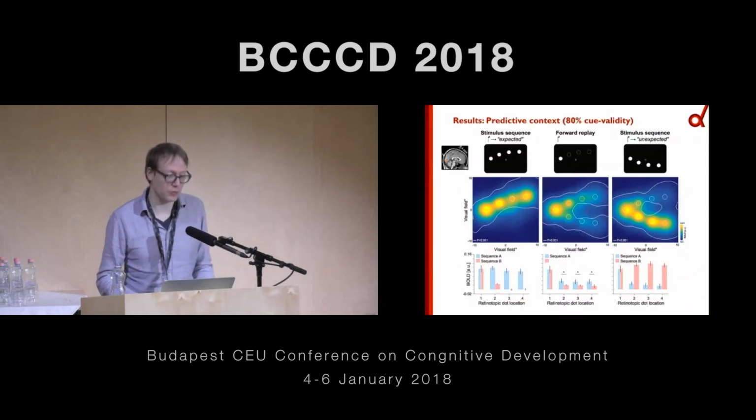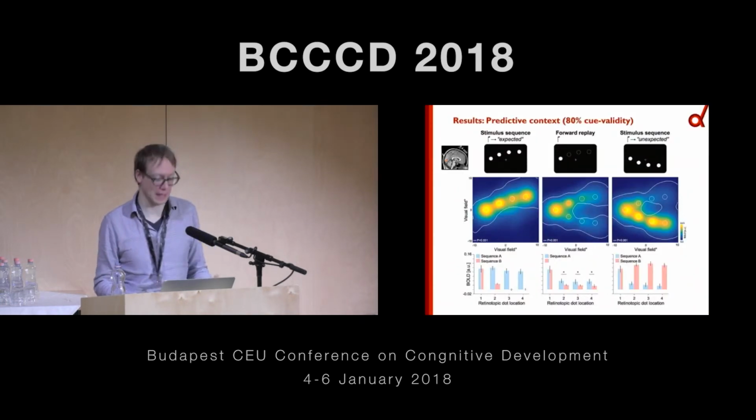So again, we try to mimic this situation in the lab by having one stimulus sequence being expected, and the expectancy here was created by a tone. So a high tone, for example, was associated with a sequence that would go upward, whereas a low tone was associated with a sequence that would go downward. And now in 20% of the cases, the unexpected sequence would occur.